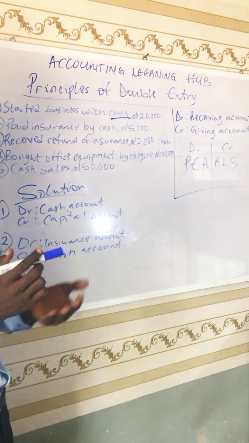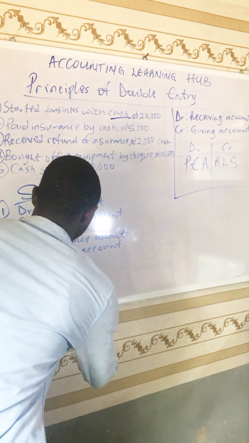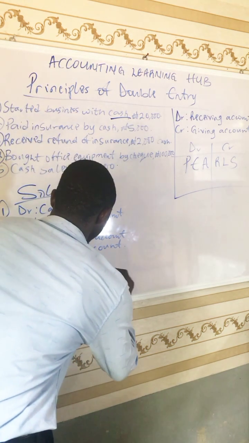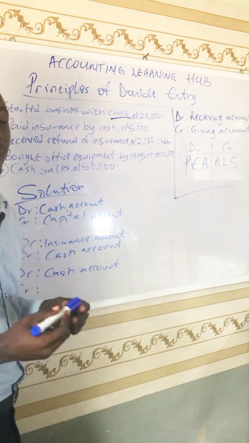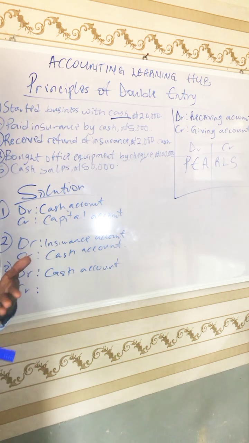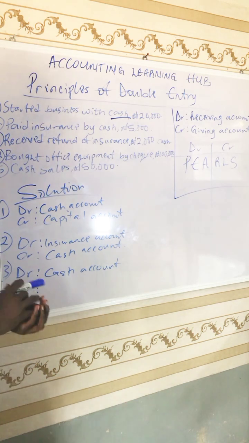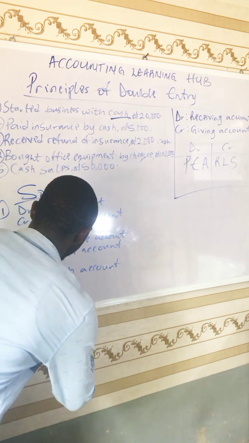So the receiving account is cash account. And then the giving account is now insurance, because the money was paid from the insurance company. Insurance.